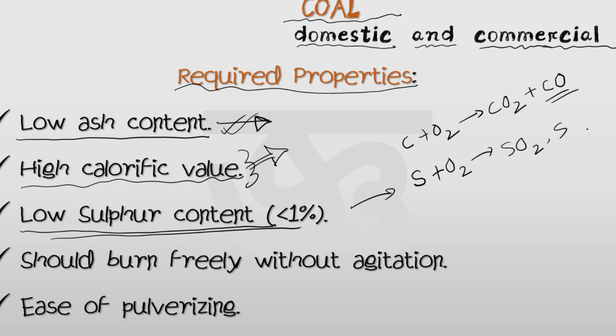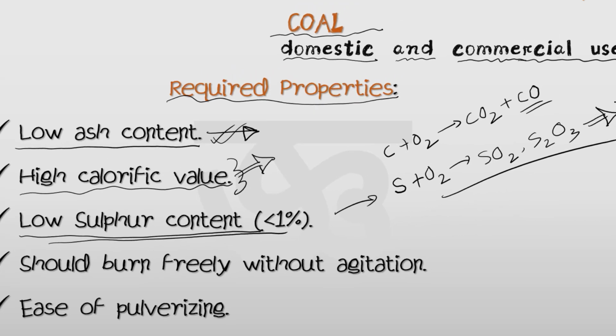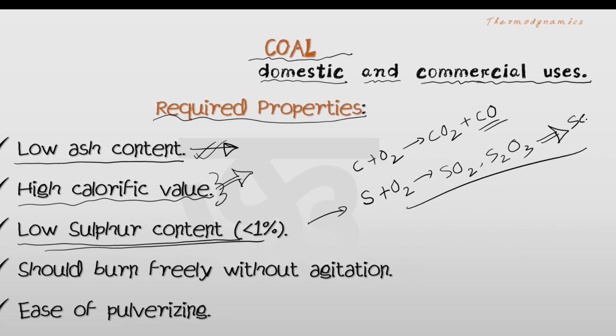It will also form sulfur trioxide. This we discussed in environmental education, that we call SOx, oxides of sulfur. So the coal should contain less sulfur. I gave the example that Assam coal has high sulfur content. So if the sulfur is more, it will cause more environmental pollution.